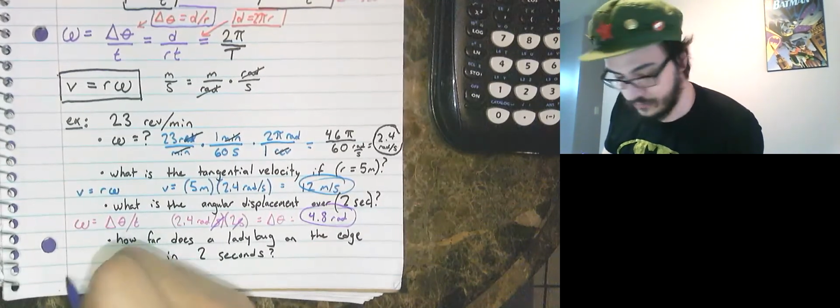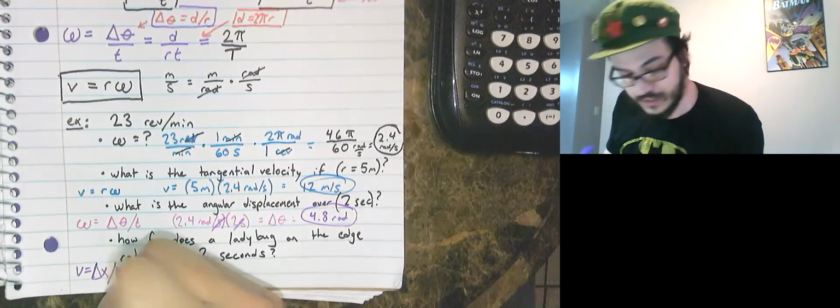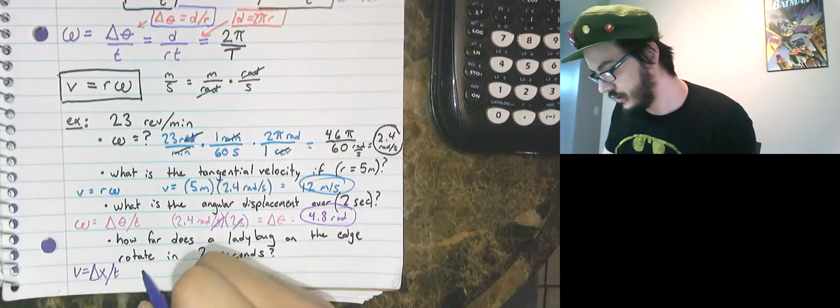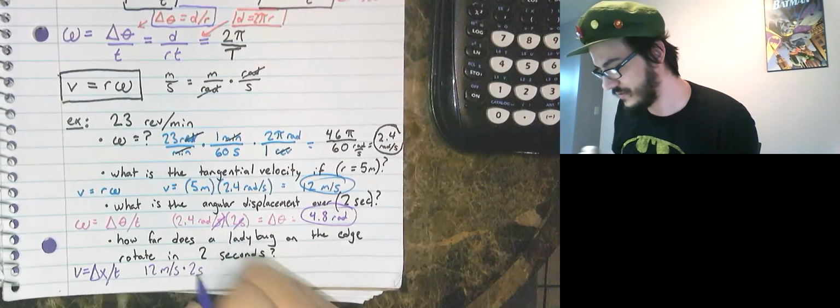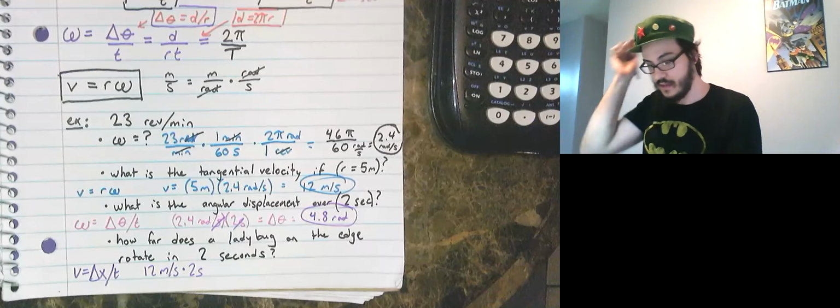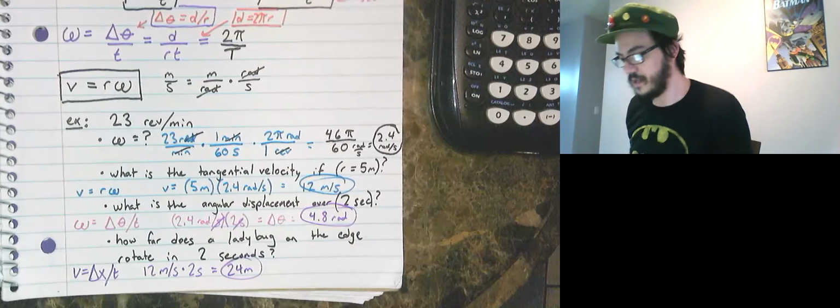I'll show both ways. If we use velocity as a displacement over time, 12 meters per second times 2 seconds. Obviously, the ladybug goes 24 meters.